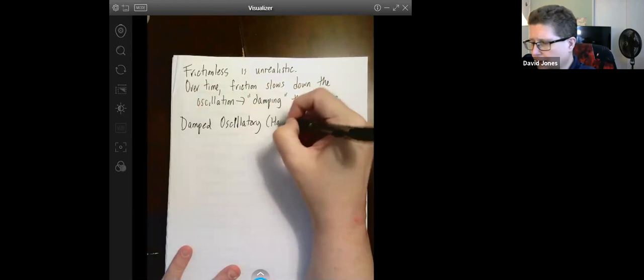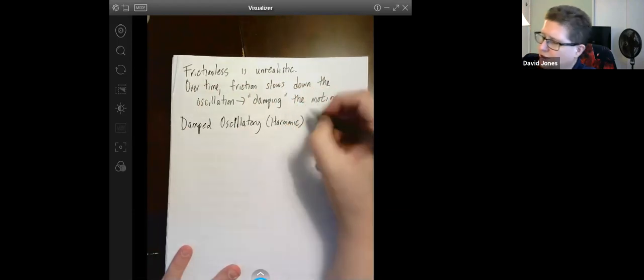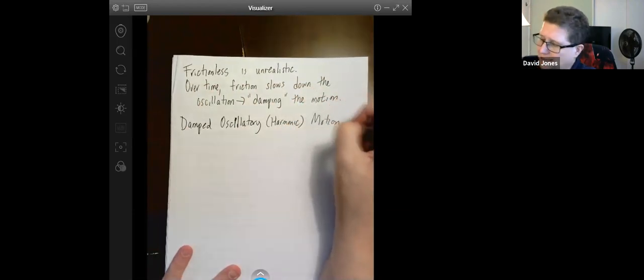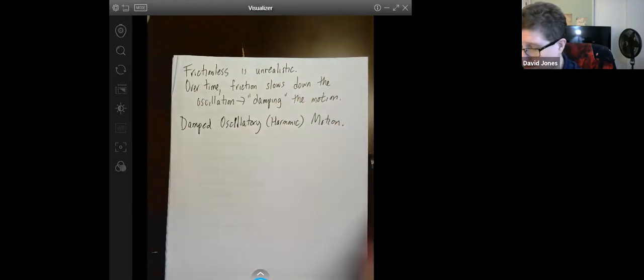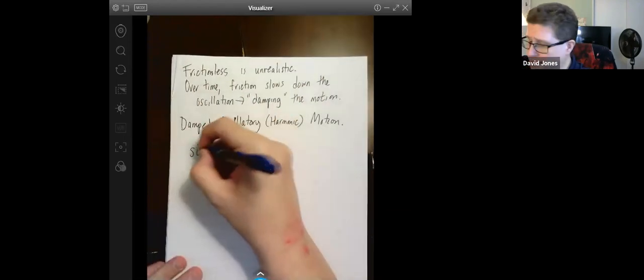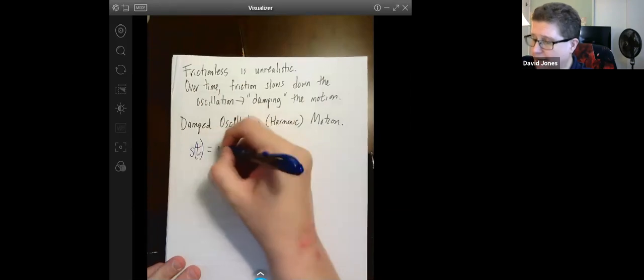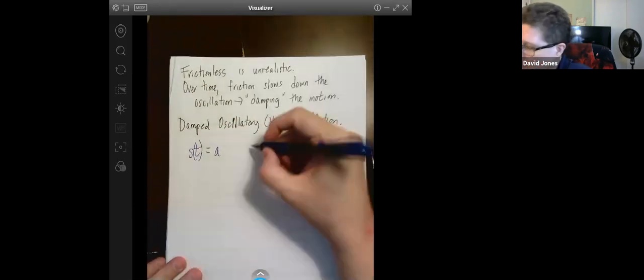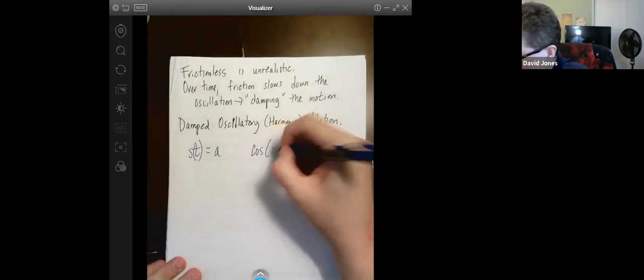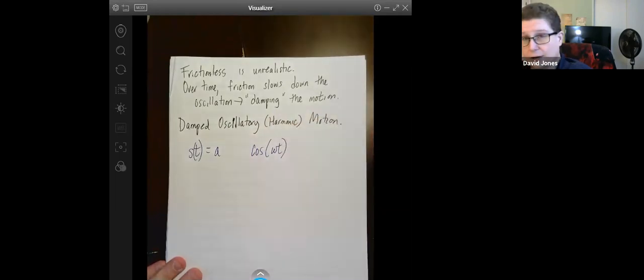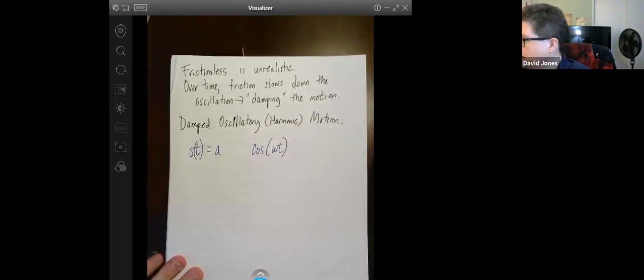Or harmonic, oscillatory or harmonic motion. And the equation for it is, we still have an amplitude. There's still a cosine omega t in there, because it is going in a sinusoidal wave. But now we multiply it by something that decreases with time.